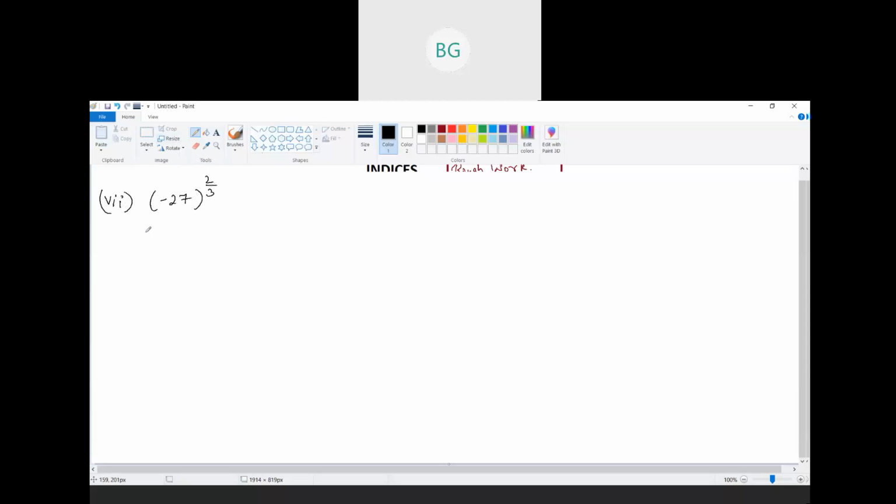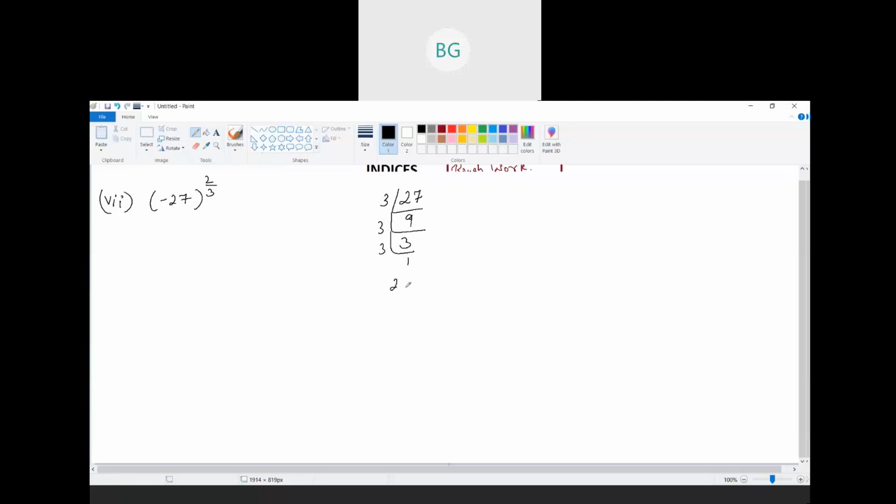Now how can we write minus 27? 27 can be written as 3 nines are 27, then 3 threes are 9, and then 3 ones are 3.